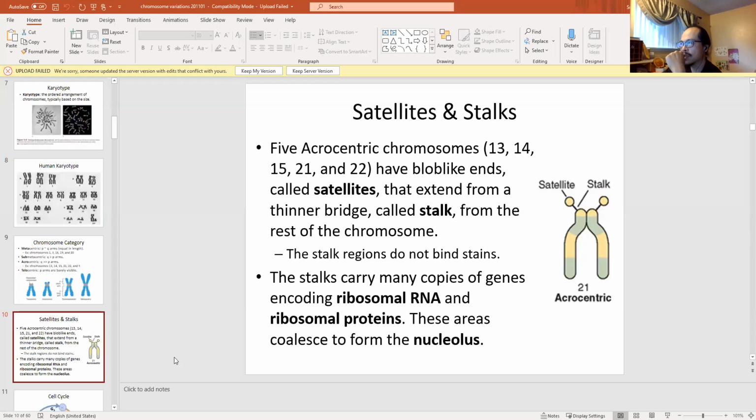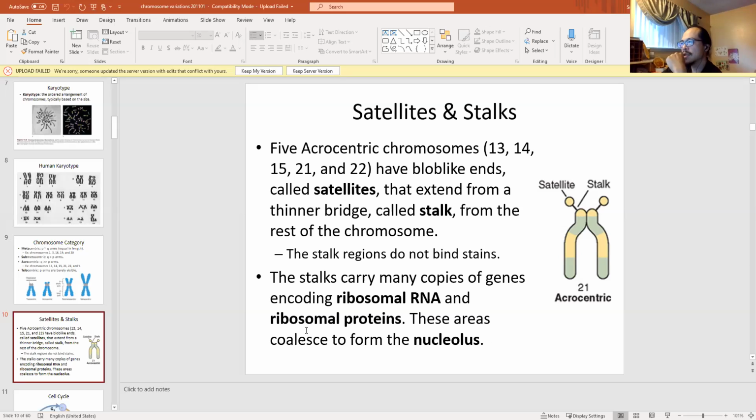This structure is called satellite and stalk. So with this, say 21, these 5 acrocentric chromosomes have these bulb-like ends. This is called the satellite and this is called the stalk. Even though the stalk looks very thin, it provides the DNA that encodes the ribosomal RNA. And these regions also collectively form the nucleolus inside of the nucleus.